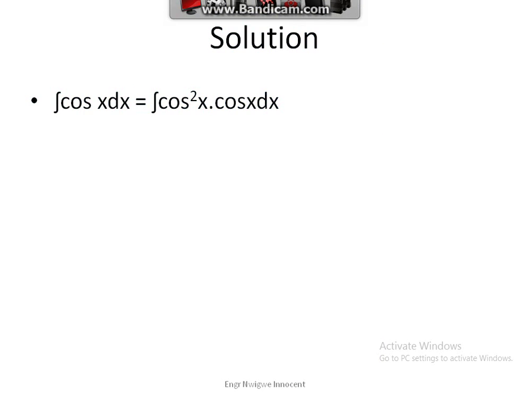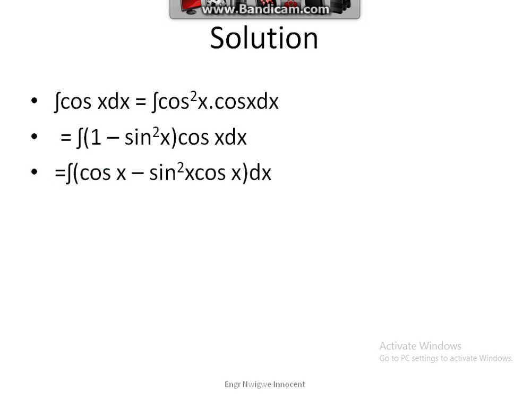The integral of cos raised to power 3 s ds is equal to the integral of cos squared s times cos s ds, which is equal to the integral of, in bracket, 1 minus sine squared s, because cos squared s is the same thing as 1 minus sine squared s according to the laws of trigonometry, times cos s ds, which is equal to the integral of cos s minus sine squared s cos s ds, which is equal to sine s minus sine raised to power 3 s over 3 plus c.